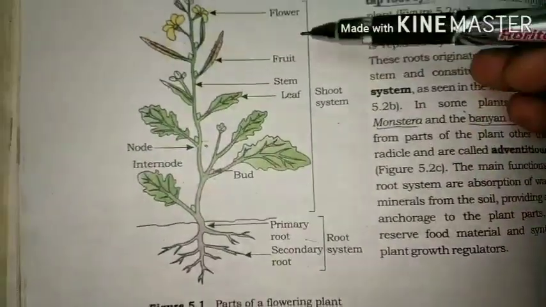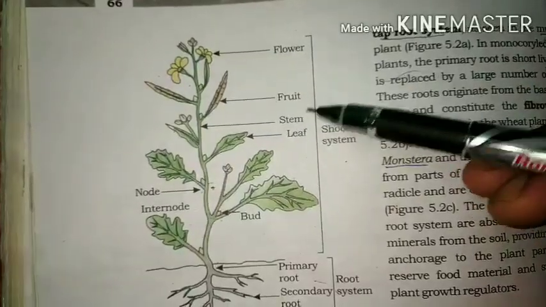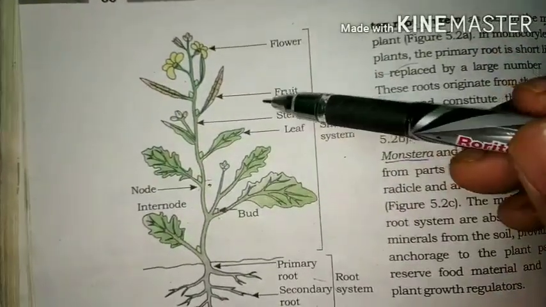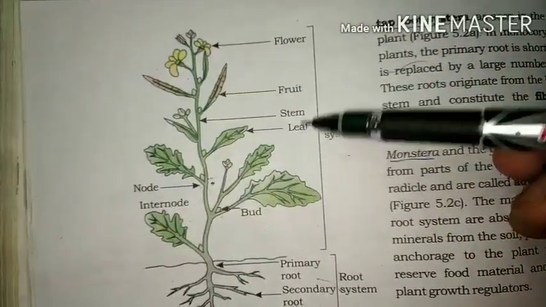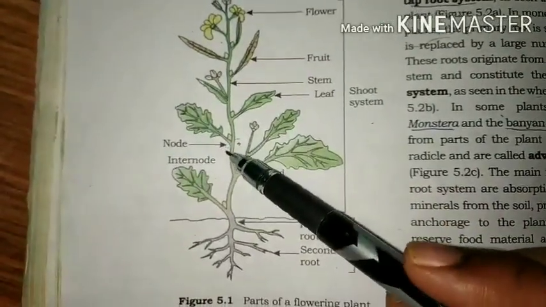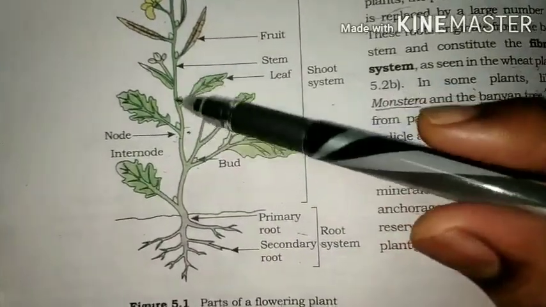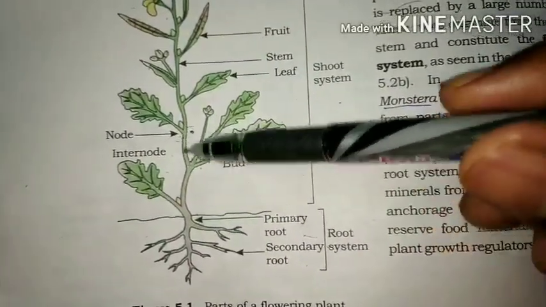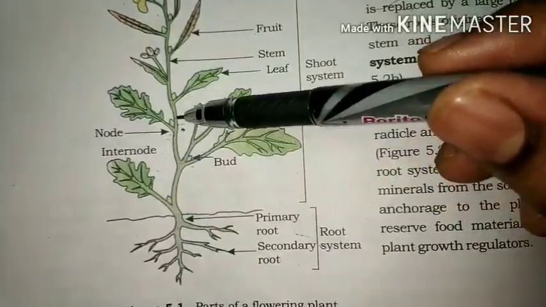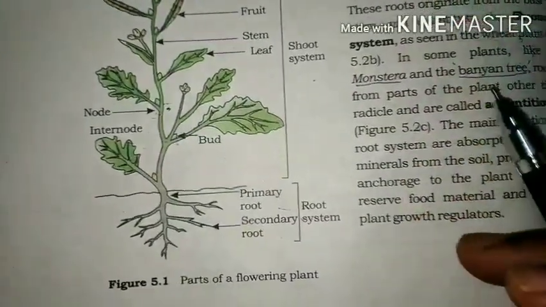Above the soil, the parts like flower, fruit, stem and leaves together are said to be the shoot system. What is a node? A node is the part from which a leaf arises. The space in between two leaves is the internode. So this is all about the root system and shoot system.